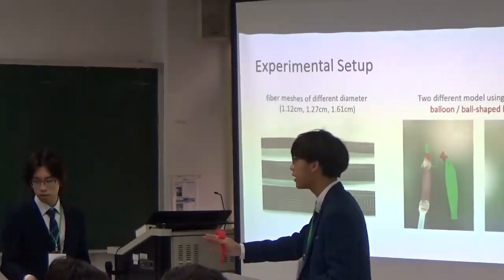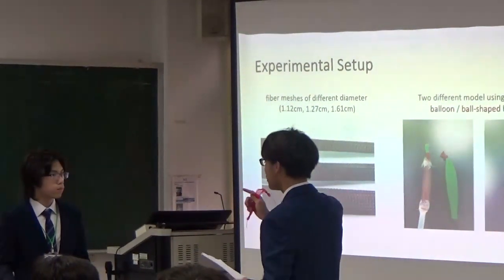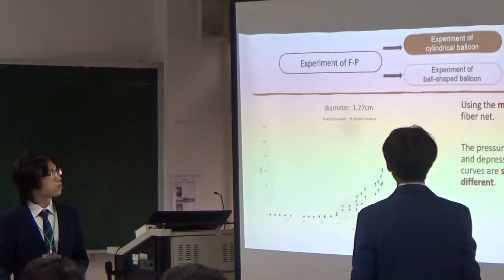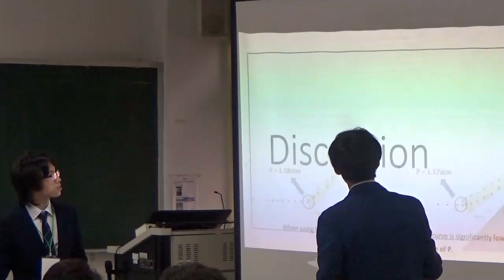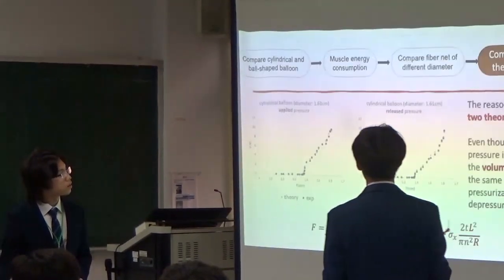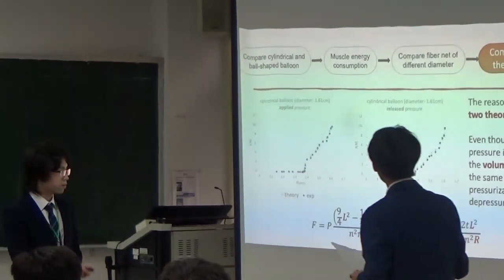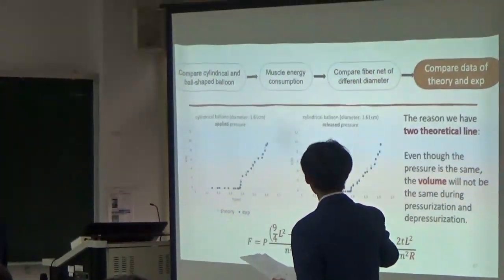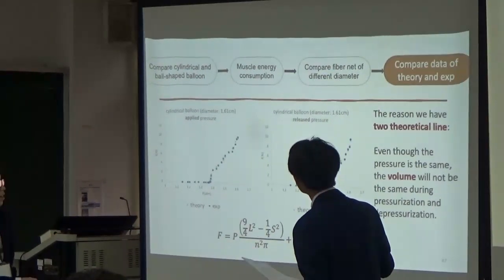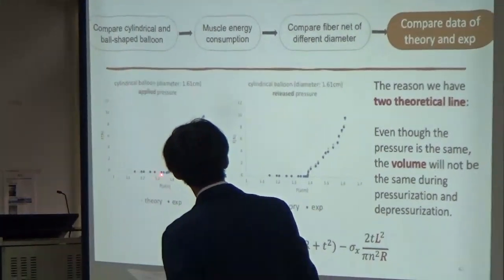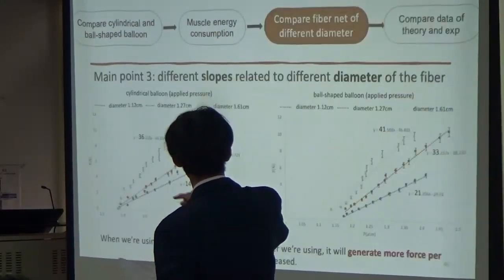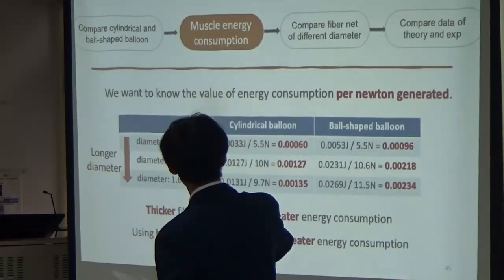Could you turn to your page where you have the theory line and your data analysis? Excuse me, which one is your theory line? The white one is the theory line, and the blue one is our data. Can you go back two more?